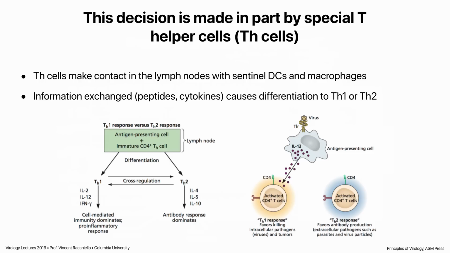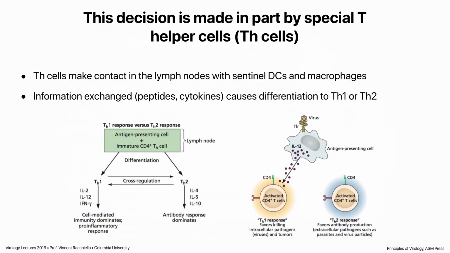And remember, the Th2 response, so a helper cell making mostly Th2 cytokines, causes the production of antibody-producing B cells. So the Th2 response favors antibody. In contrast, the Th1 response favors the production of cytotoxic T lymphocytes.